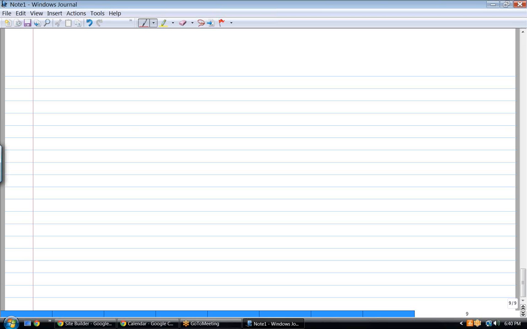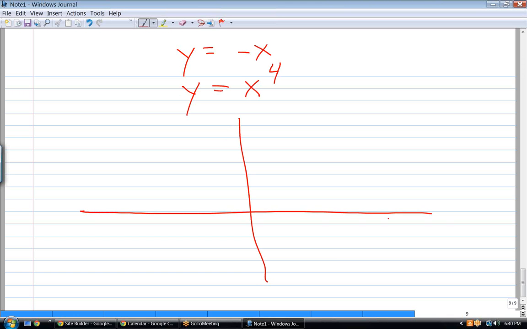Similar question, but you don't have the lines. It's just find the area of the indicated region enclosed by y equals negative x and y equals x to the 4th. If we graph that, most important thing we need to know is which function is on top.